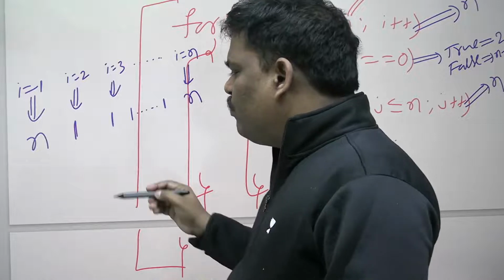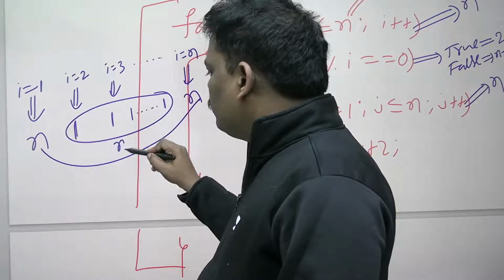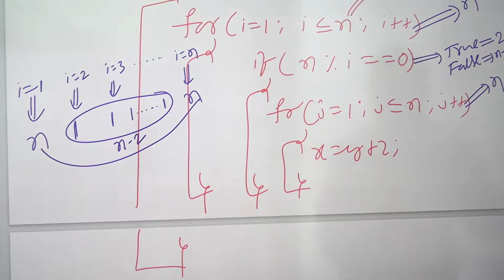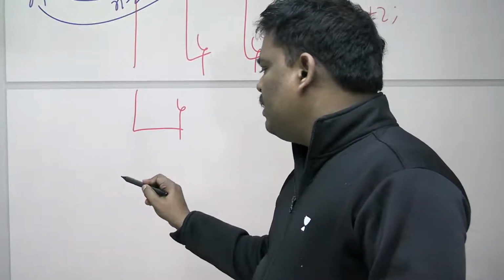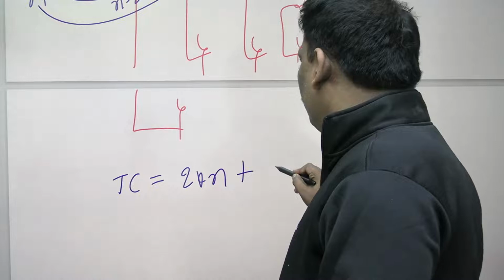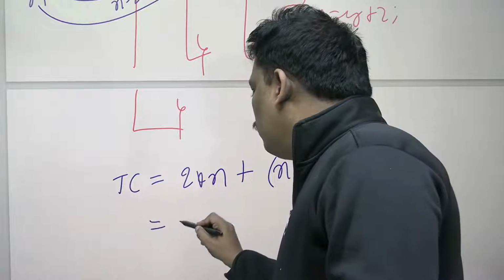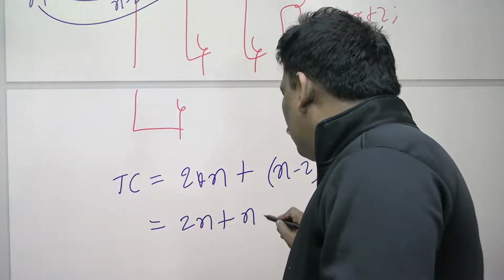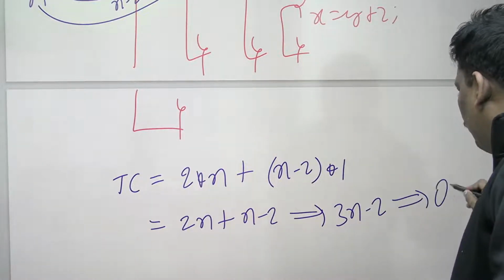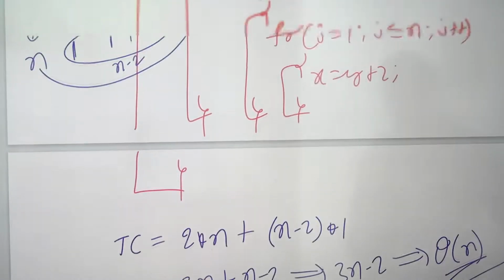So it is 2 times n plus n minus 2 times 1, which is 2n plus n minus 2, which is 3n minus 2, which is theta of n. So the time complexity of this program is theta of n.